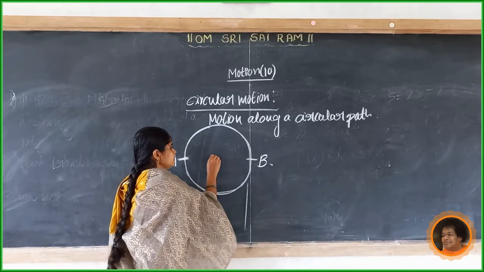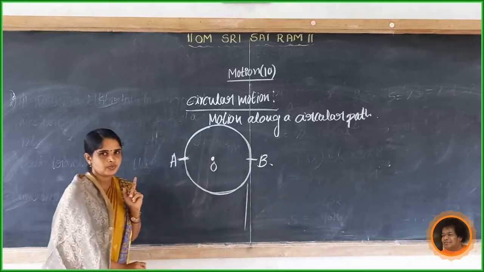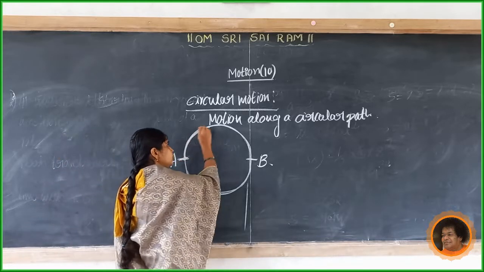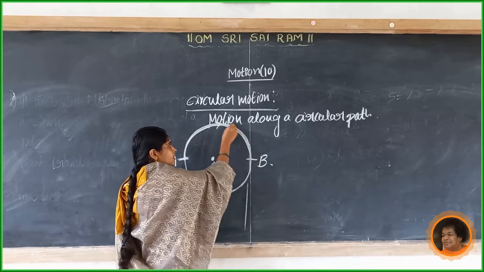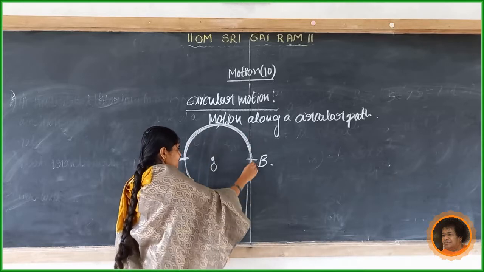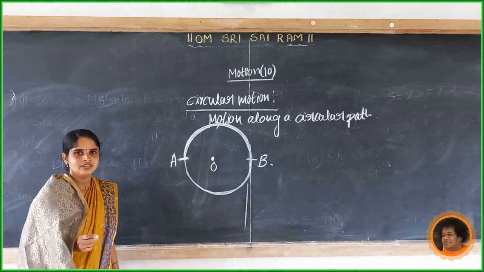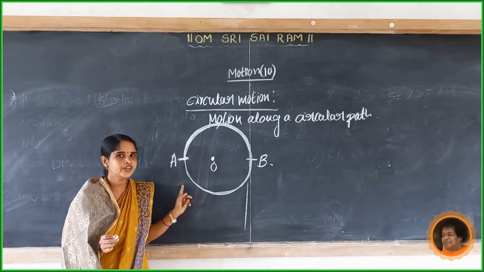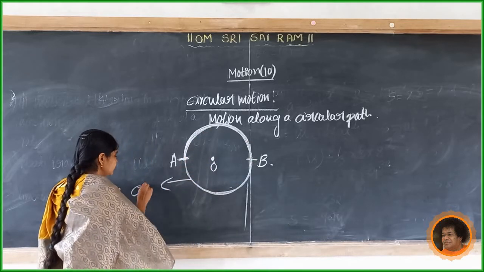In a circle, the midpoint is called center O. If an object moves from A to B in this path, like this, in this circle, what is the name of this arc? It is called circumference.